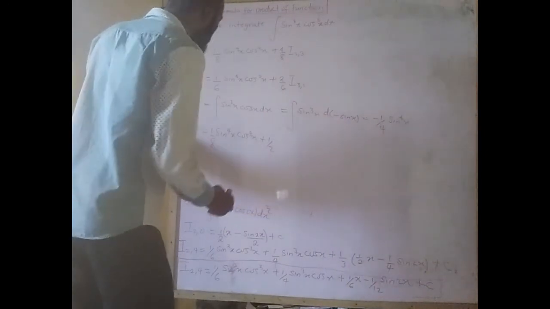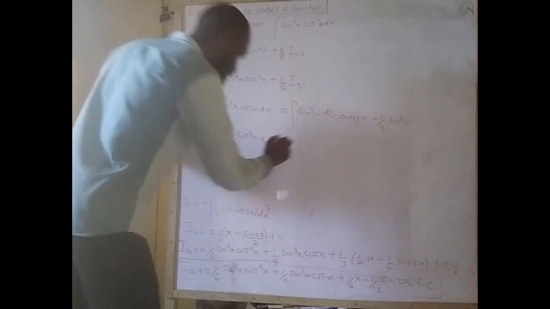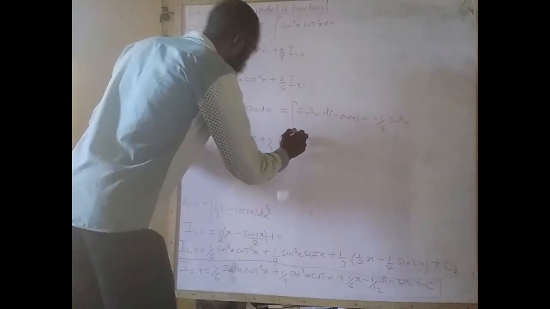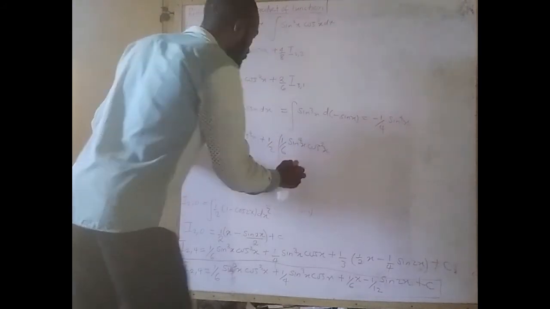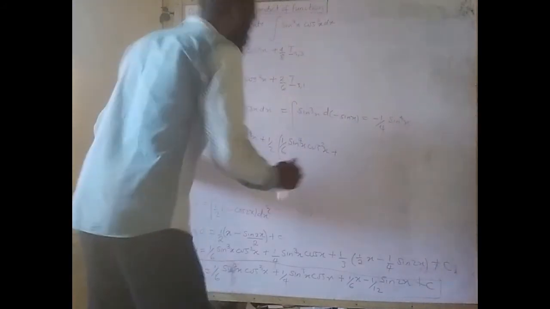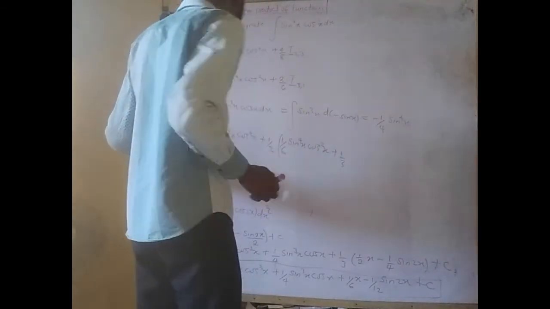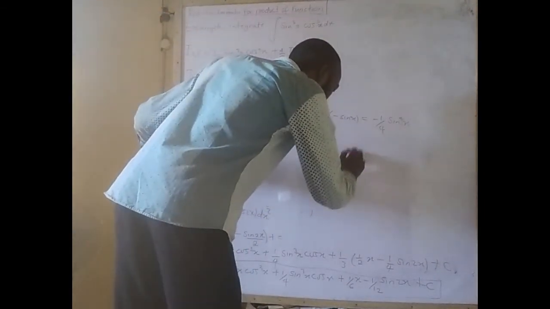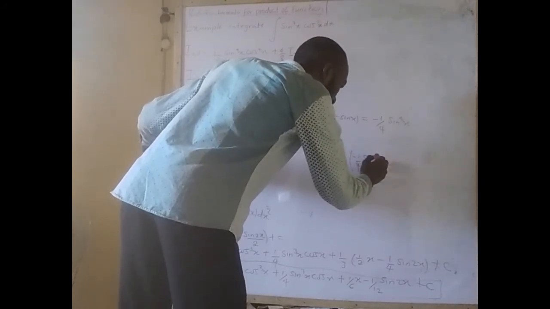I 3 comma 3 is what? 1 over 6 sine 4x cos 2x plus 1 over 3. 2 divided by 6 is 1 over 3. And my I 3 comma 1 is what? Is minus 1 over 4 sine 4x.